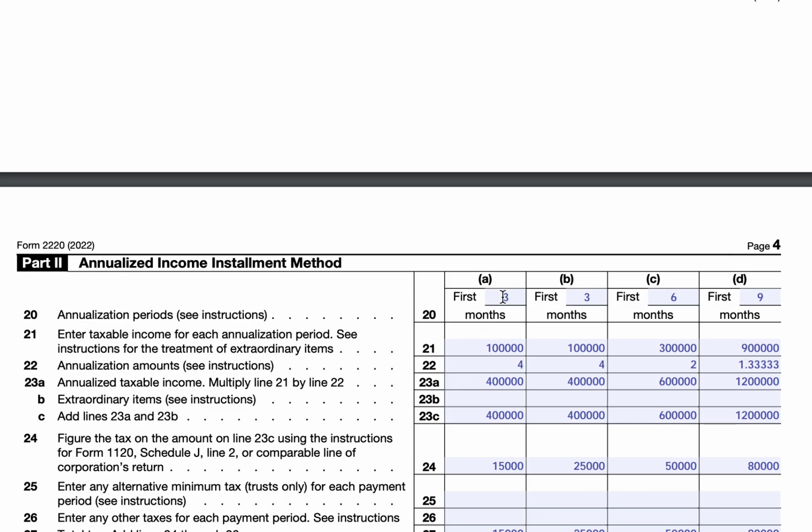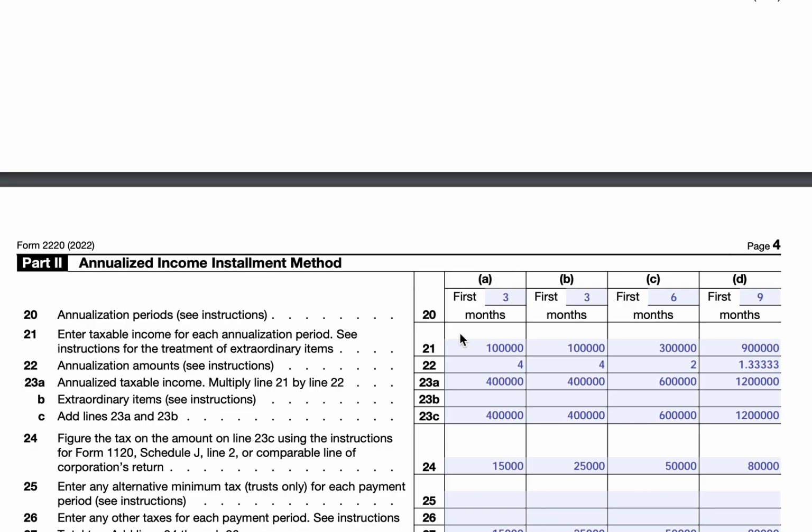There's a little table in the instructions that say first 3 months, 6 months, and 9 months.